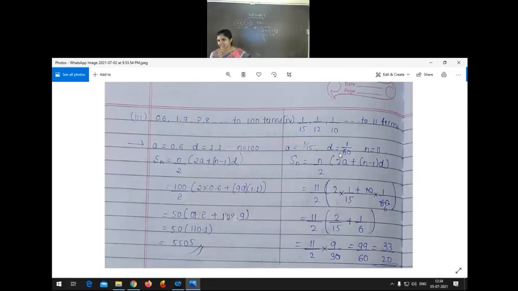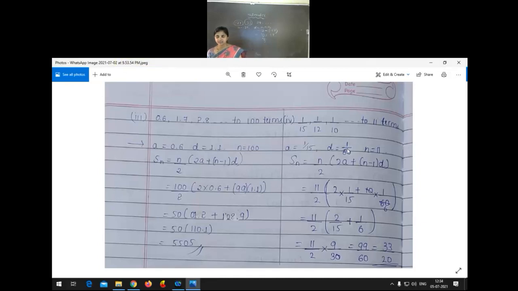Yeah, LCM method. Okay, LCM. So for 15 and 12, the LCM we have to take is 60. By taking the LCM, you all know how to subtract. 1 by 12 minus 1 by 15 you have to do. So in that, 1 by 60 is the difference.